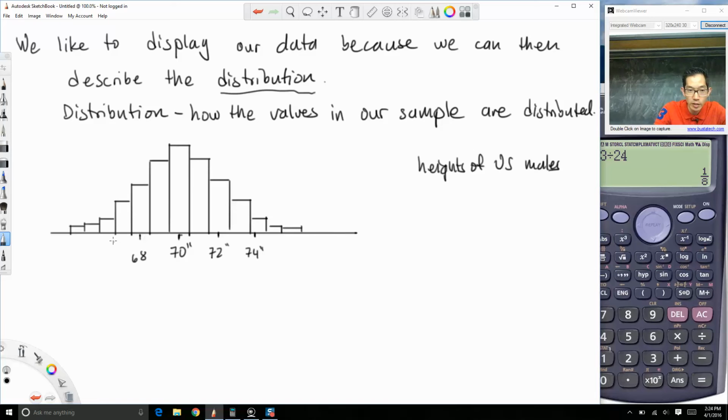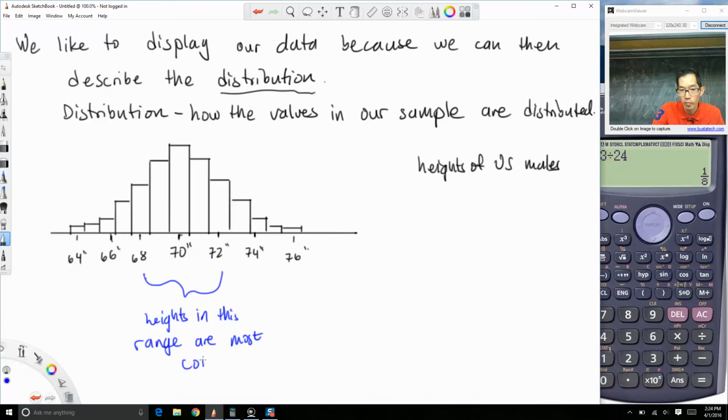this graph is not very accurate, but I'm just doing it as such. Okay. What we're saying is that heights in this range are most common. Okay, and they're most common because the bars are the tallest here, right?